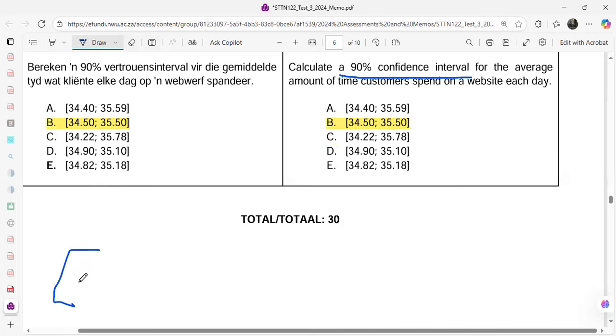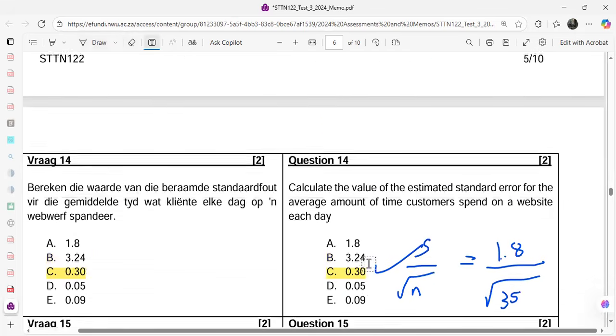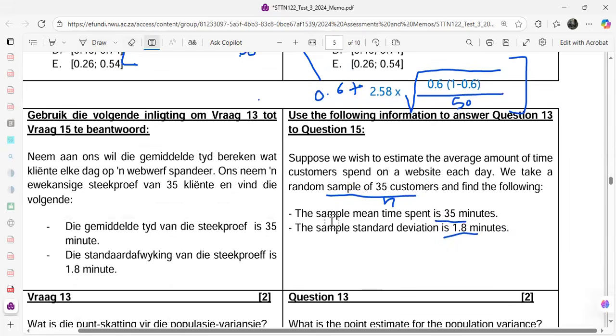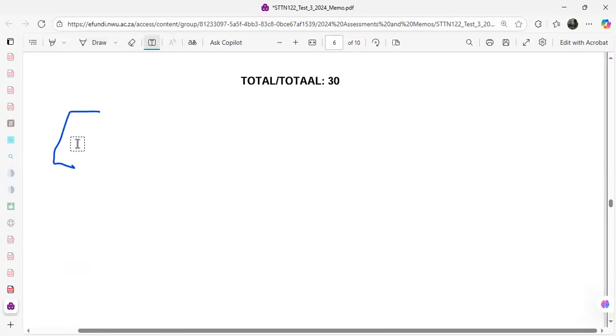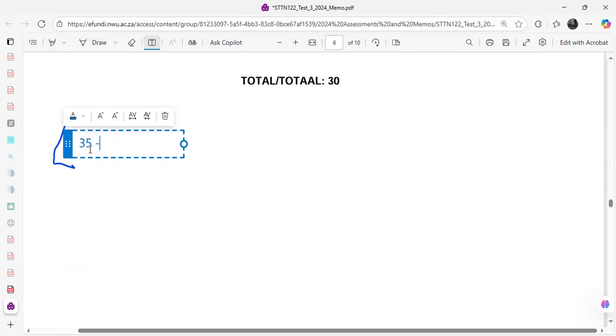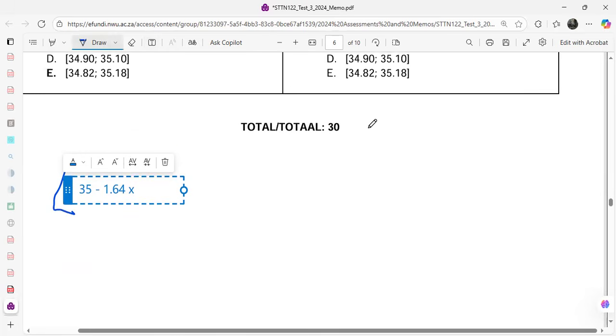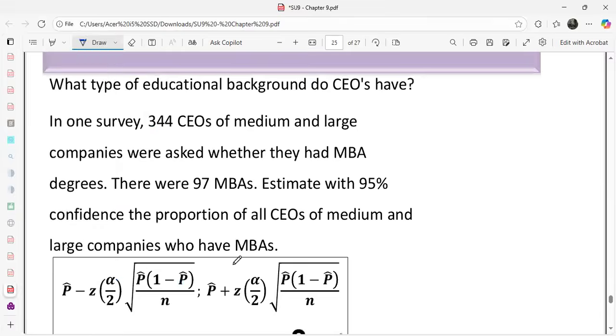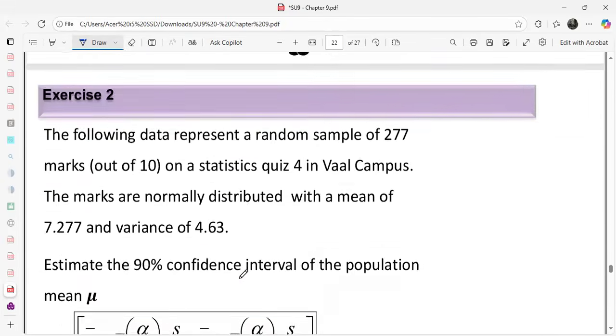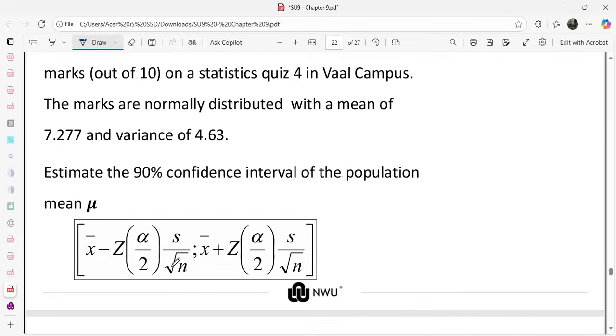So here, what is the value of the mean? In this case, the mean is 35. So on this side, we're going to put 35 minus 1.64 multiplied by, remember the formula, this is the formula, the standard deviation over square root of n.